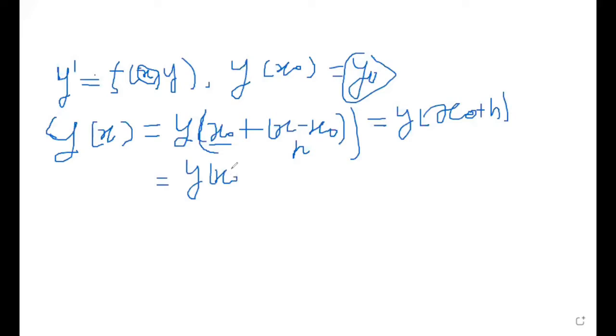So the first term is y at x naught, plus h times y prime, y dash at x naught, plus h square by 2 factorial times y double dash at x naught.